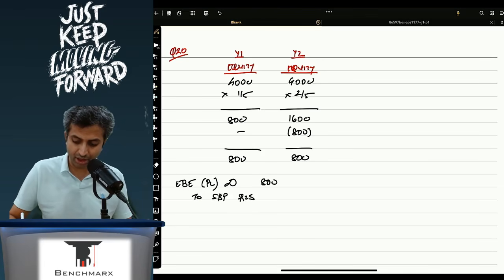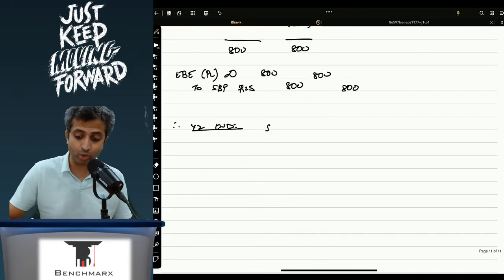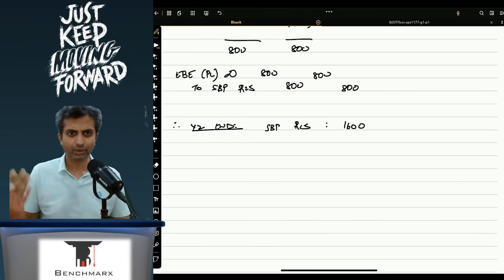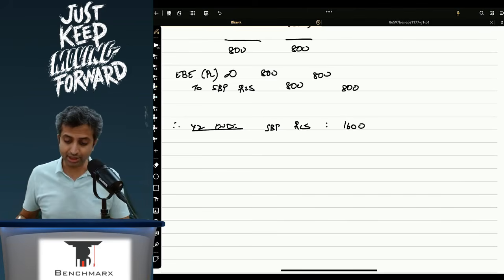This is 800 in the first year, 800 also in the second year, and therefore I can say that at year 2 end the SBP reserve will appear at around 1,600. Okay, now SBP reserve is 1,600.